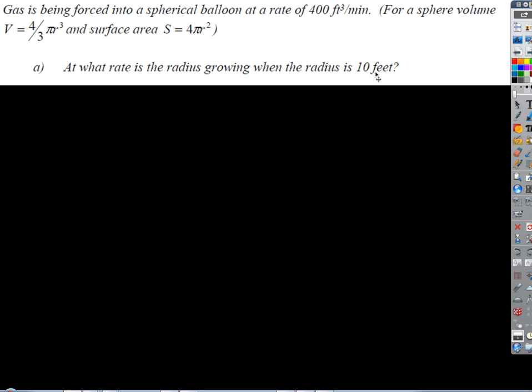They also tell us something up here. They say gas is being forced into a spherical balloon at a rate of 400 cubic feet per minute. Now the units are really useful here. We can use what's called dimensional analysis. Cubic feet per minute. Those are units of what divided by units of what? Cubic feet, those are units of what quantity?